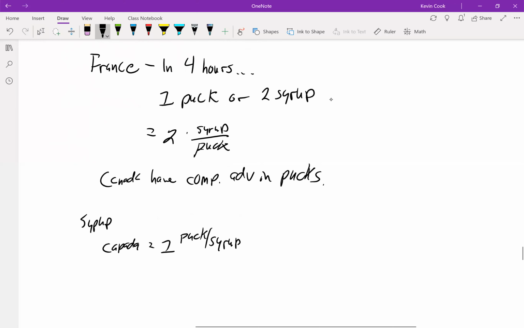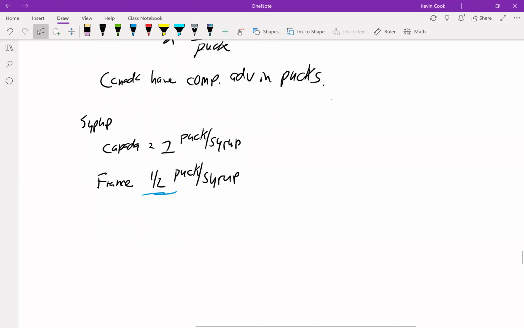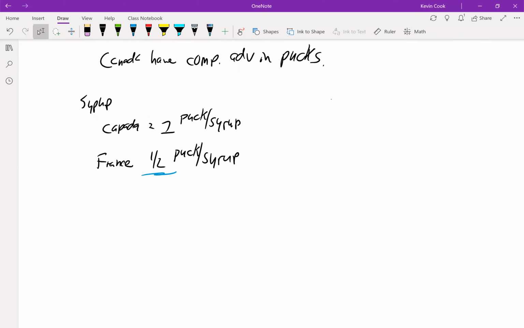But then France will just do the reciprocal of what they had. They can do 1/2 puck per syrup. So France has the lower opportunity cost. So we'll say that France has the comparative advantage in syrup.